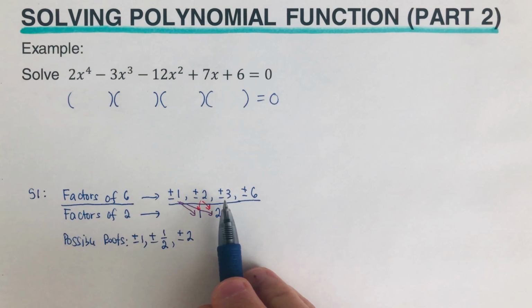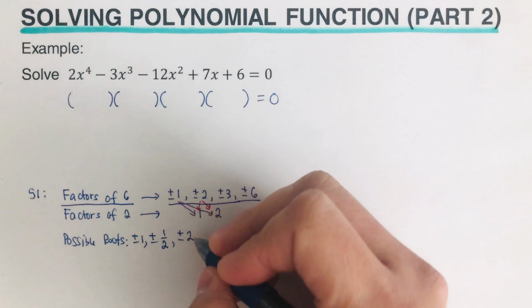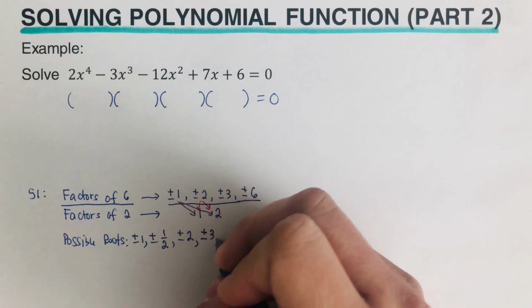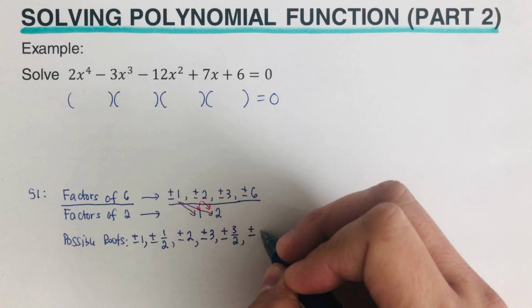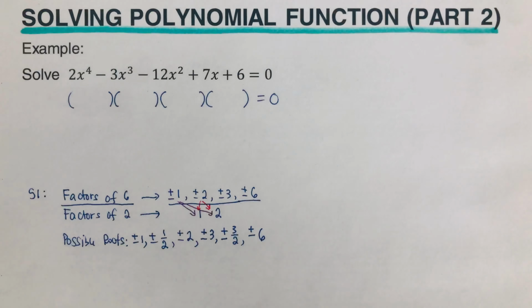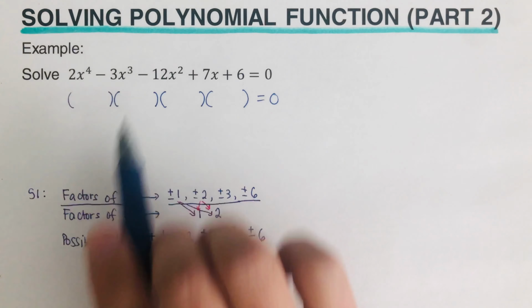I will repeat this same process with positive negative 3 and positive negative 6. Okay, so these are the possible roots for this equation.